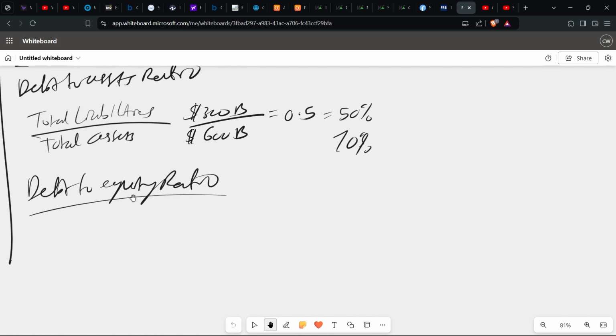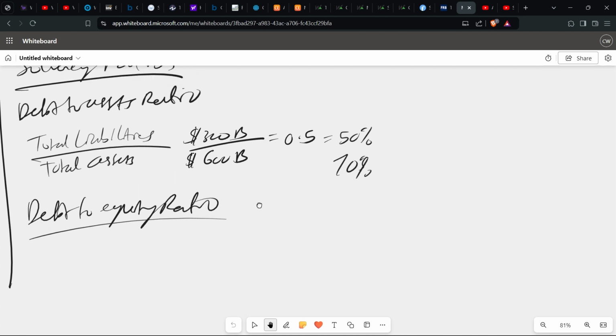There is another ratio called the debt to equity ratio, but we're not going to look at it now because we haven't looked at the third part of the balance sheet, which is the shareholders' equity. We'll look at it when we're looking at shareholders' equity and finalizing on the elements of the balance sheet and their importance.